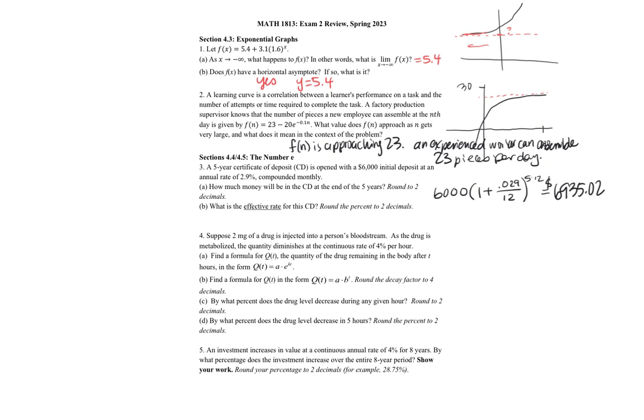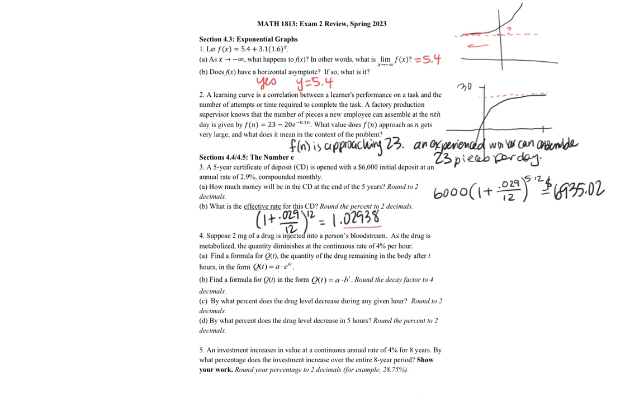So for the effective rate, I really want to do 1 plus 0.029 over 12, and all that raised to the 12th. 1 plus 0.029 over 12 to the 12th, and that gives me 1.02938.